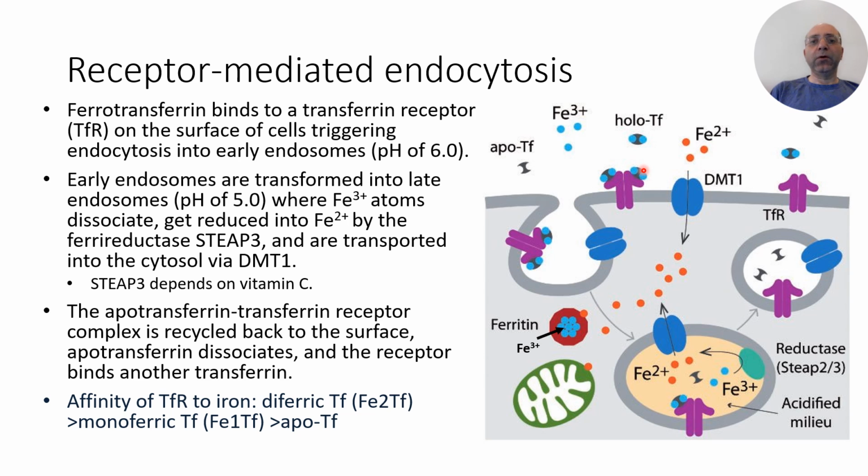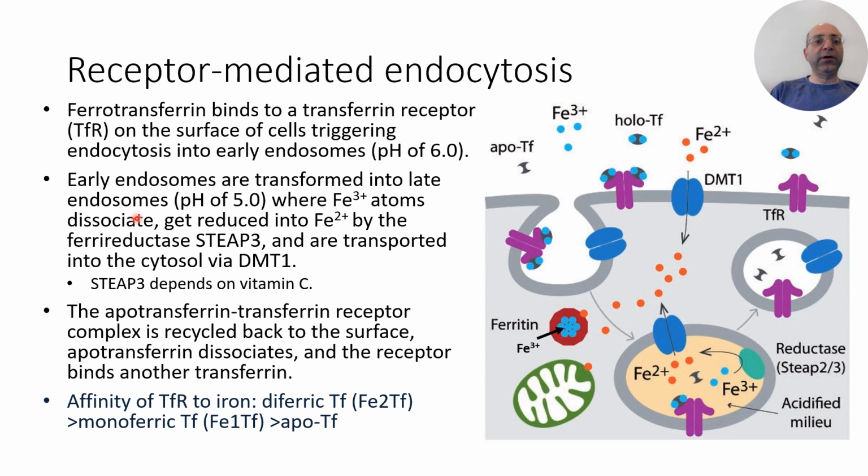Once holotransferrin binds to the receptor, receptor-mediated endocytosis is activated, basically engulfing the transferrin into the cells. These vesicles are called early endosomes, and they are transformed into late endosomes.